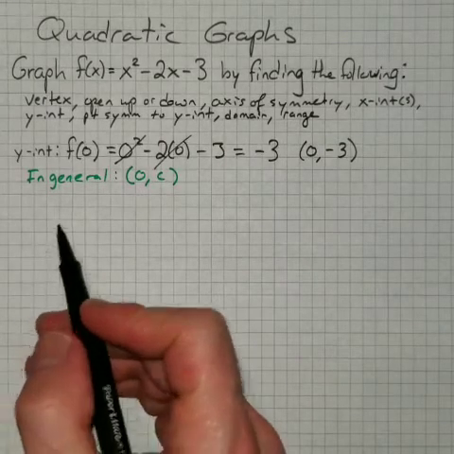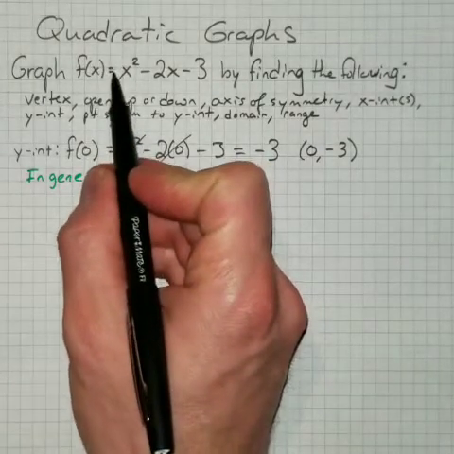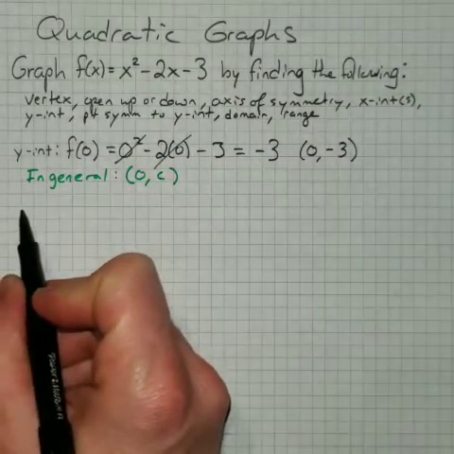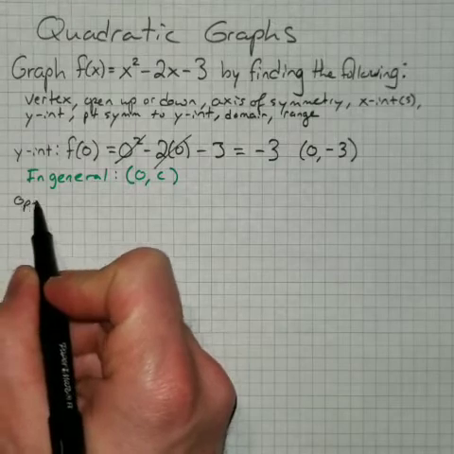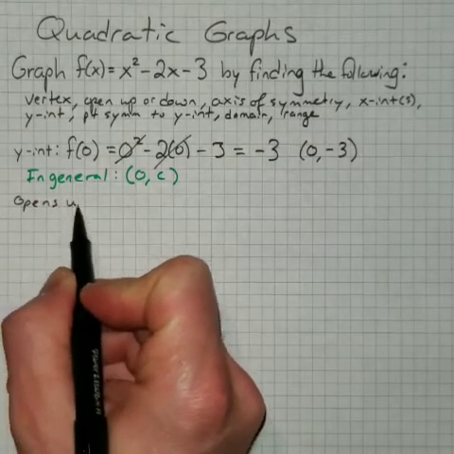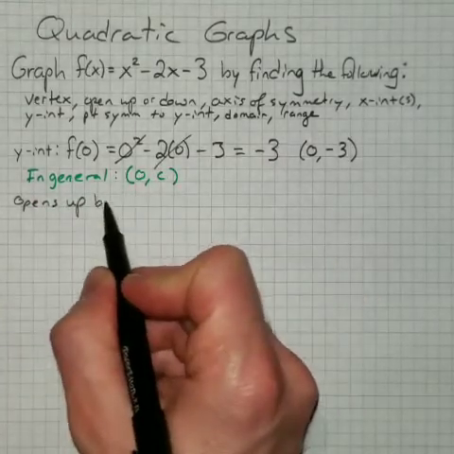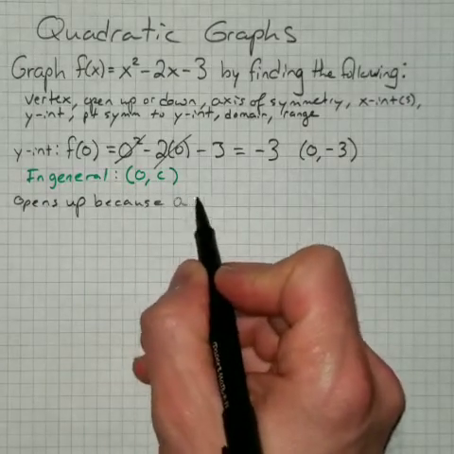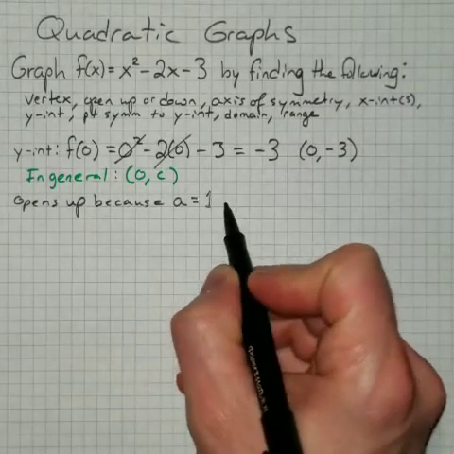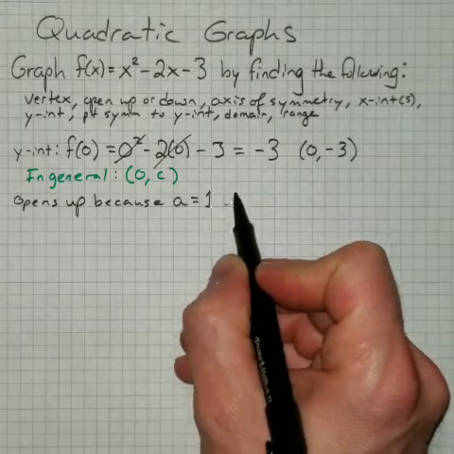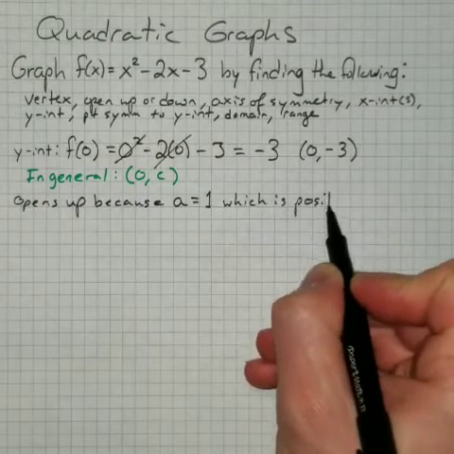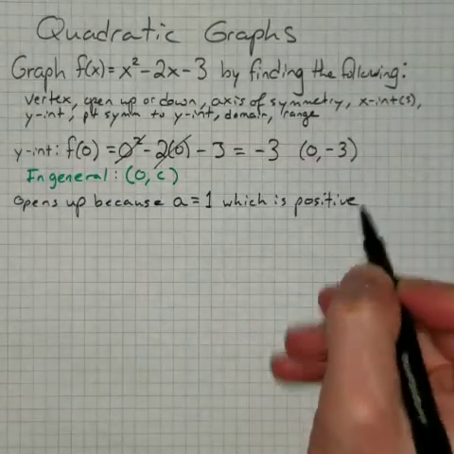Okay, so this is a positive value because it has a 1, positive 1 leading coefficient. So we're going to say that the graph opens up because a equals 1, which is positive.